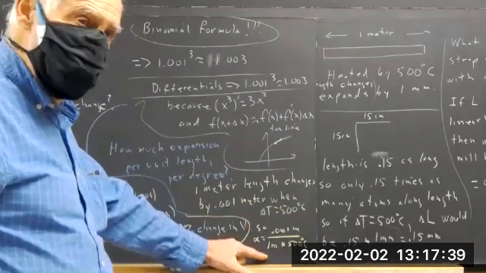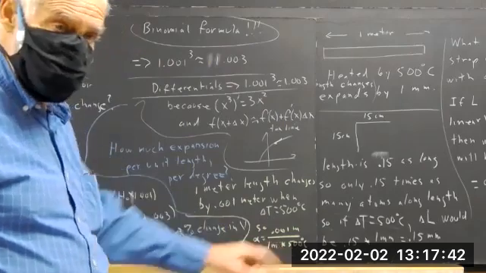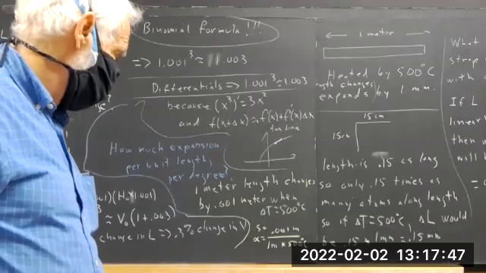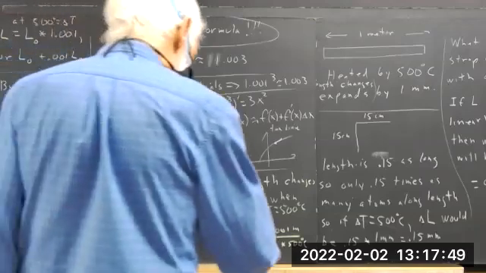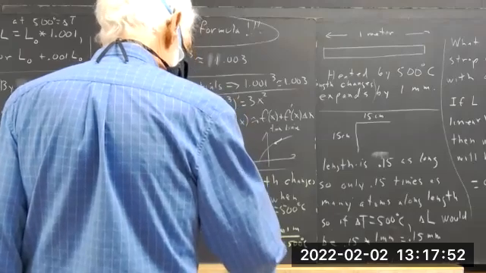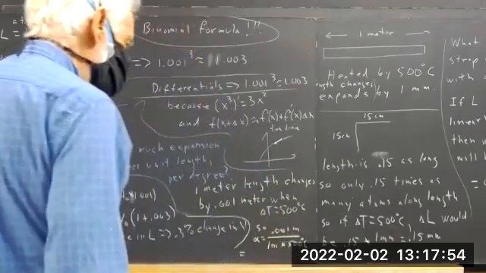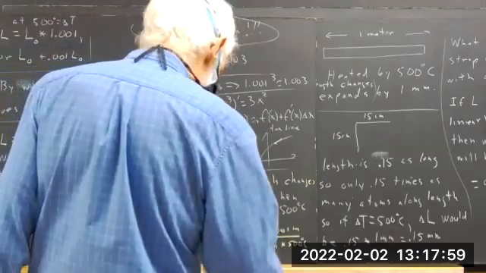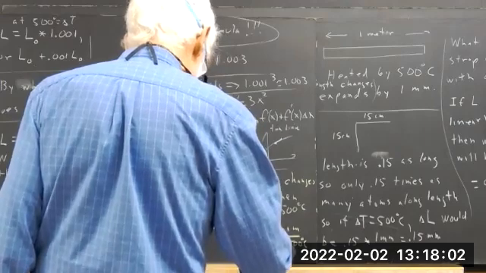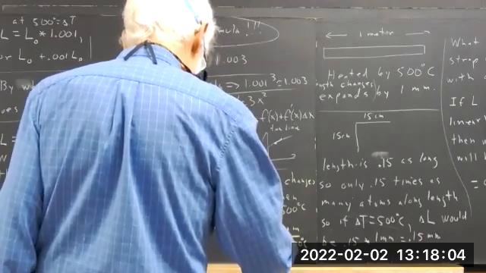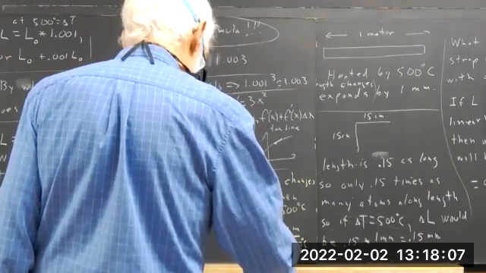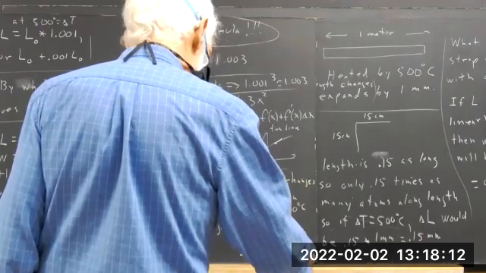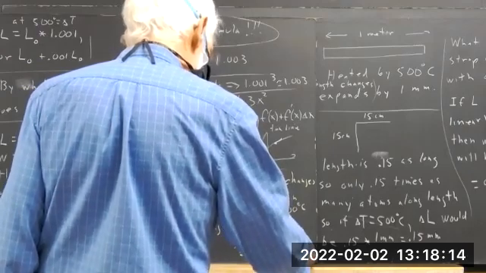Now this is going to be 0.001. You divide by 1,000 degrees, that'll be 0.0000001. That's going to be 0.0000002 per degree.